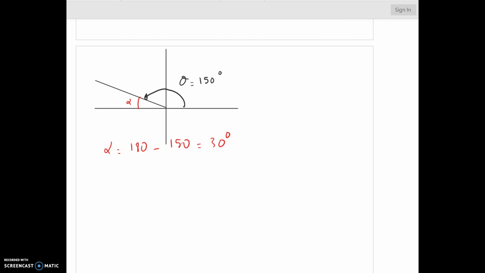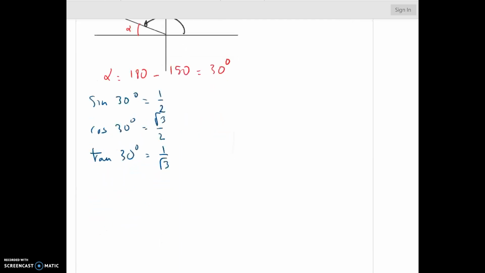So when I look at the value of the sine of 30 degrees, I know it's going to be equal to 1/2. I know that the cosine of 30 degrees is going to be square root of 3 divided by 2, and the tangent of 30 degrees is going to be equal to 1 over square root of 3. I will let you rationalize the tangent of 30 degrees.